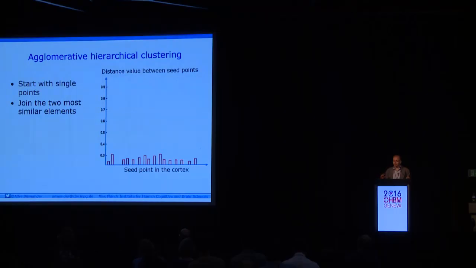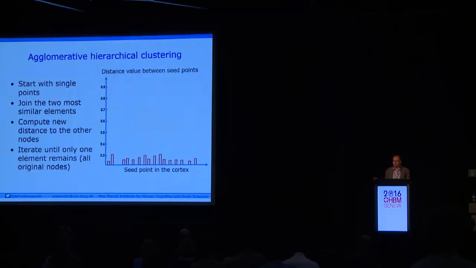So 2 voxels are joined together, and they form on the first level a new tractogram. We compare this new tractogram to all our leaves, so all single nodes, and in an iterative way we build up in this way the whole tree of similarities.